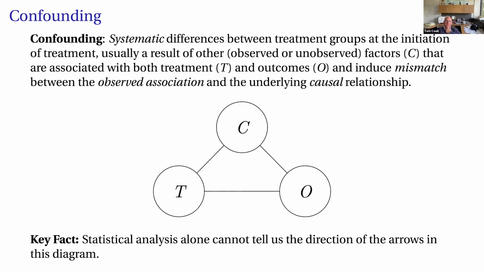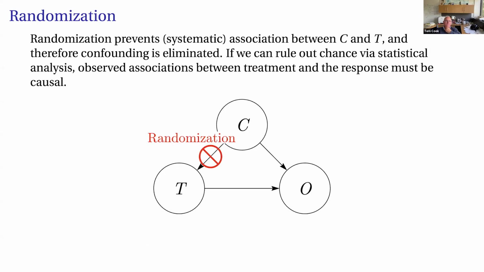And the key fact here is that statistical analysis alone cannot tell us the direction of the arrows in this diagram. We need randomization, we need designed experiments in order to be able to allow statistics to actually inform us about causal relationships.